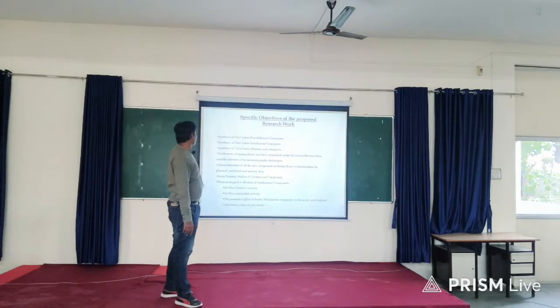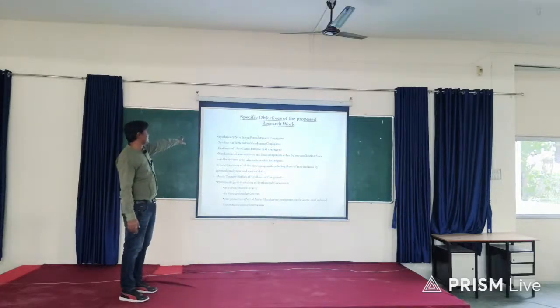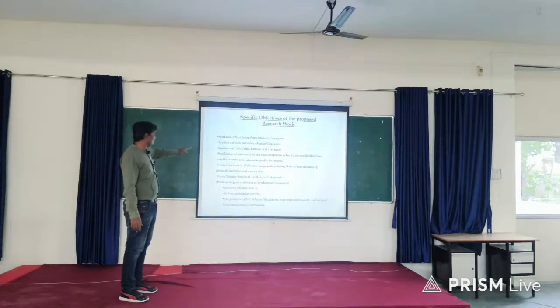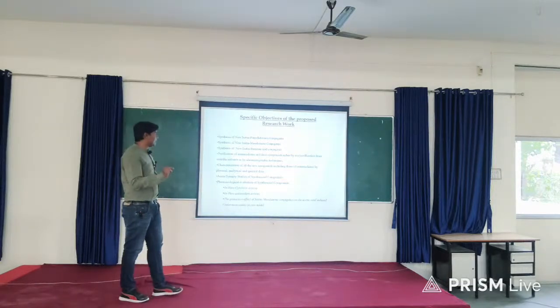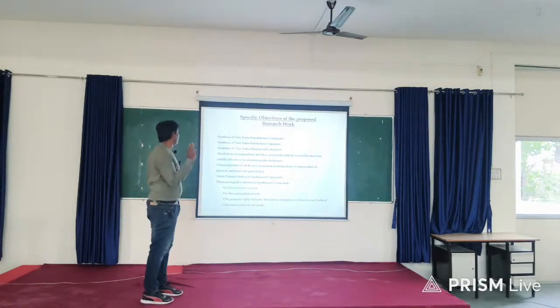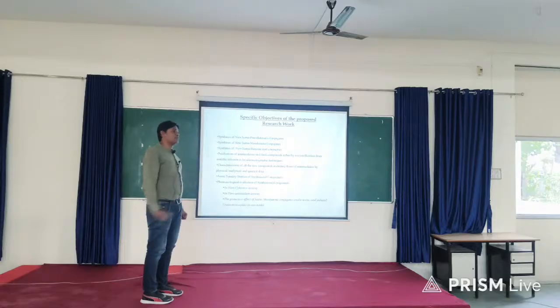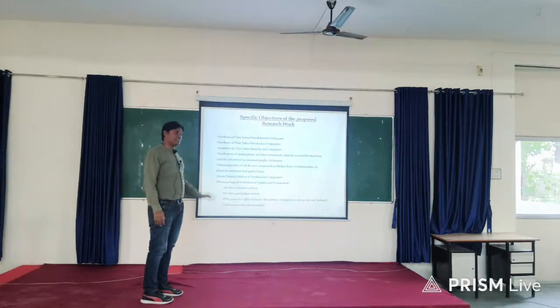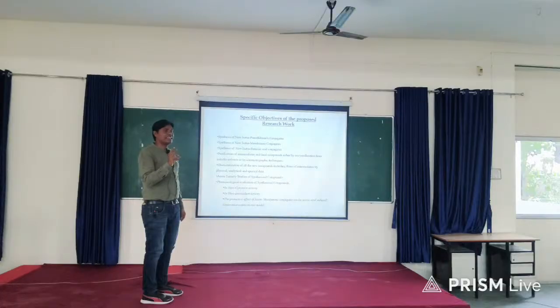Next. Coming to the specific objectives: synthesis of pomalidomide conjugates, isatin conjugate, mesalamine and benzoic acid conjugates, and then another objective you can include in your chemistry work is purification of intermediates and final compounds either by recrystallization from suitable solvents or by chromatographic techniques. And within this also, if you do purification by recrystallization, then it is well appreciated.